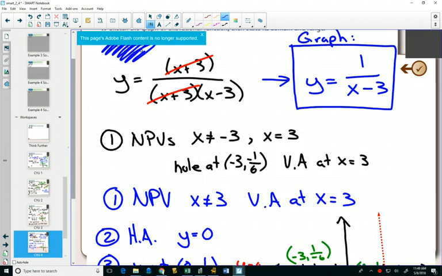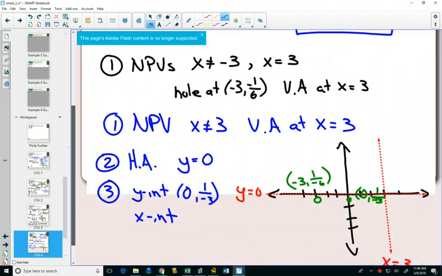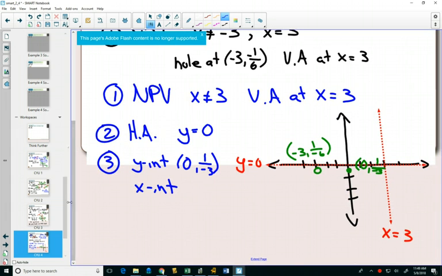Is 1 ever equal to 0? No, you can't say I have one bank account and it has $0. No, that doesn't work. No, 1 is never equal to 0. So this one has no x-intercepts.